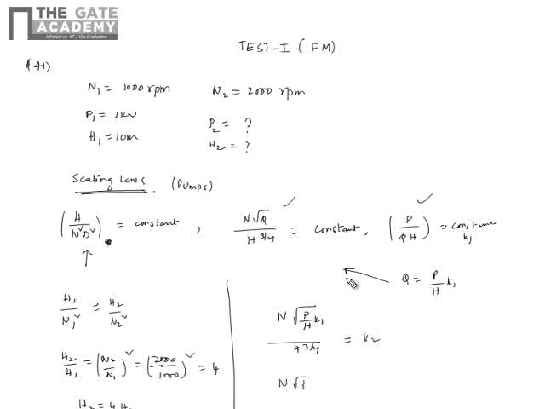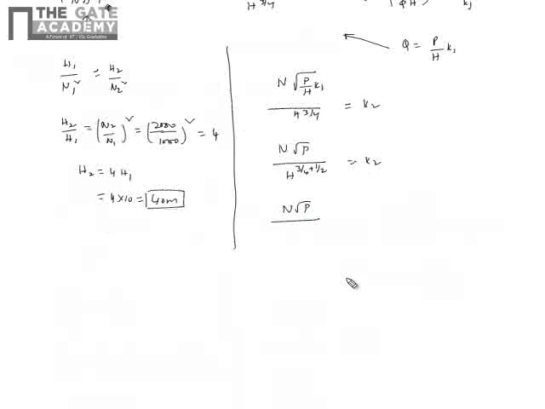This I can write as n root P by H to the power half plus 3 by 4 is k2. So this becomes n root P by H to the power 5 by 4. All these constants I'm just removing and writing as one big constant.